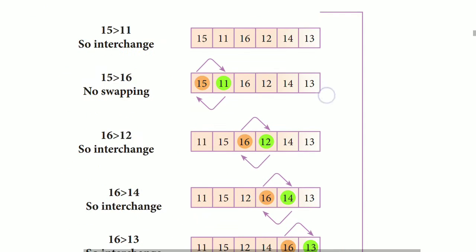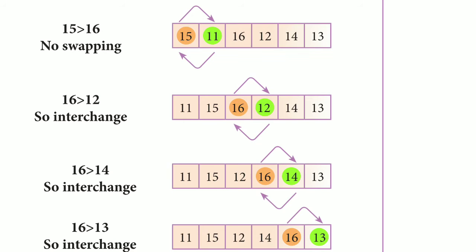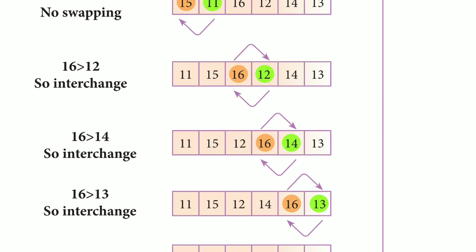In the next step, comparing 11 and 16, they are already in the exact position. 11 is lesser and 16 is greater, so there is no need to swap. Next, 16 and 12: 12 is lesser and 16 is greater, so they are swapped. Next, 16 and 14: 14 comes to the previous position and 16 goes to the next position.